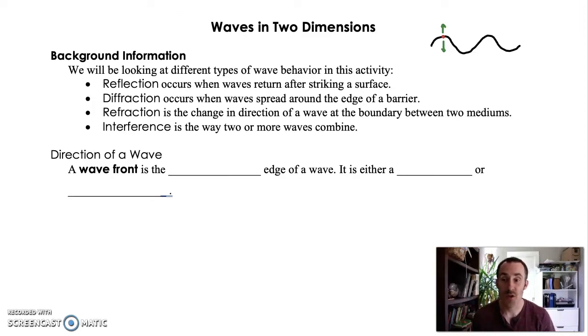Now when we look at two-dimensional waves, think of the normal waves in your experience. If you've ever been to a lake or the ocean, you've stood in the waves, and you know that as the waves crash against you, not only is there a line of water particles moving up and down and kind of back and forth as well, but there's a whole width to it as well.